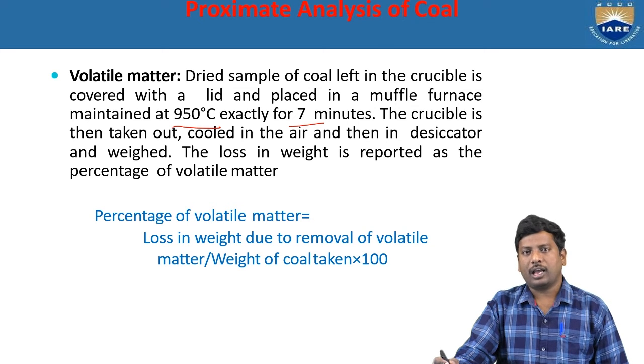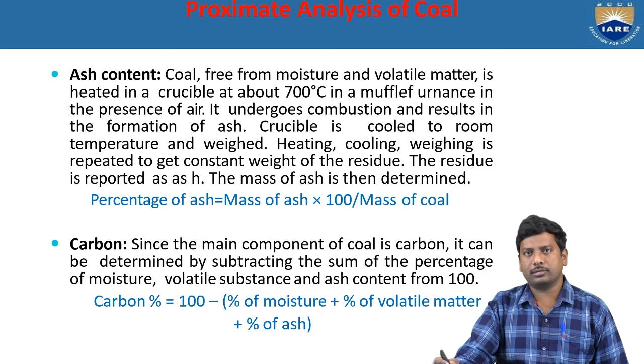The weight is lost because the volatile matter gets evaporated. The loss in weight is reported as the percentage of volatile matter: loss in weight of the coal due to removal of volatile matter divided by the weight of the coal, into 100.